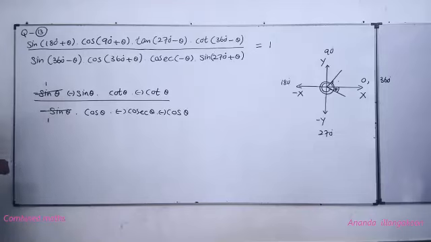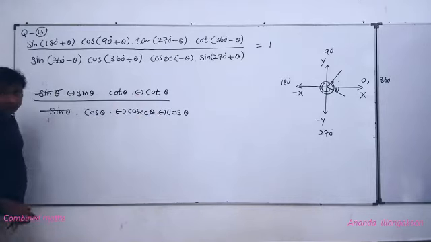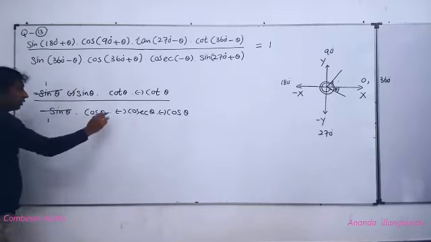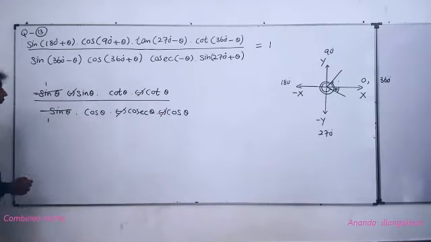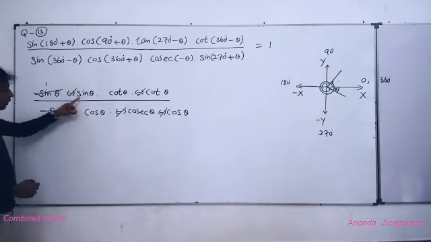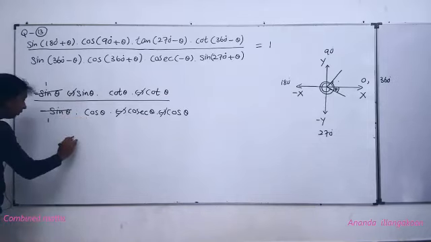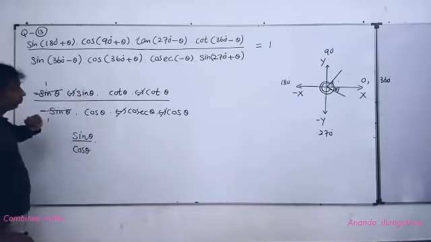And furthermore, this minus divided by this minus is plus, no? Minus divided by minus is plus, so we can eliminate these minus signs also. Now what we have is sine theta divided by cos theta. I will write it like this, sine theta divided by cos theta.